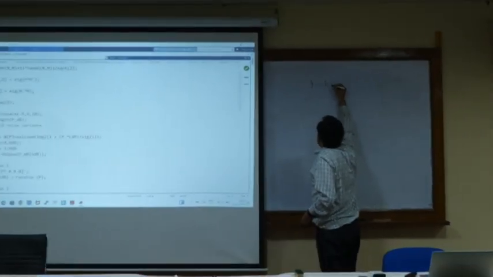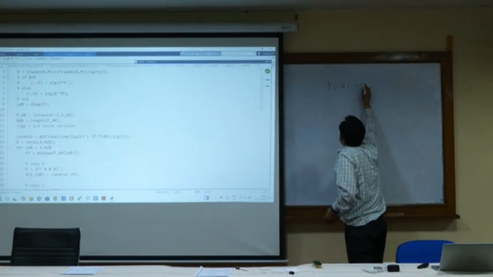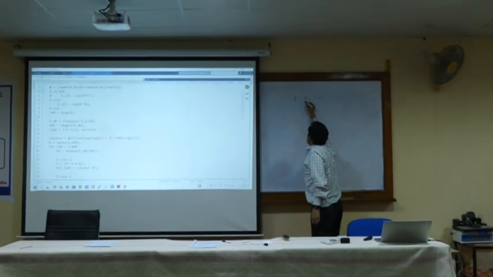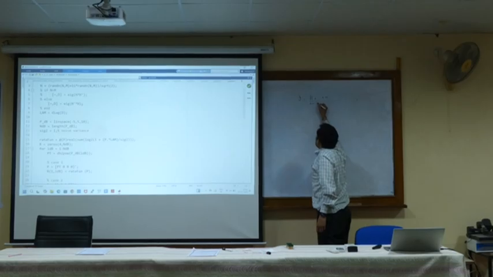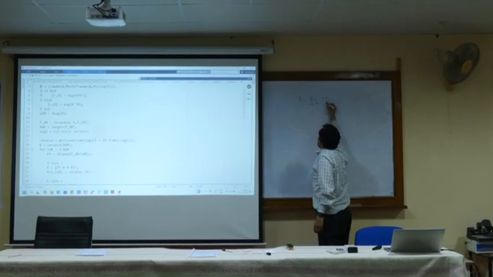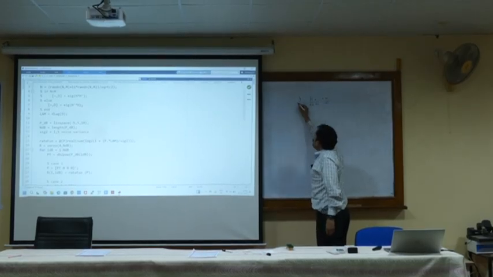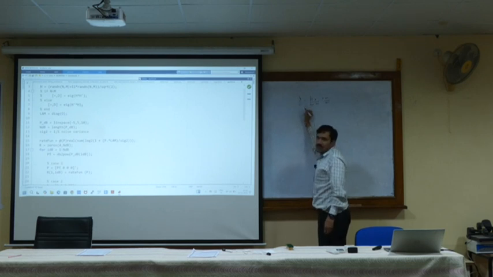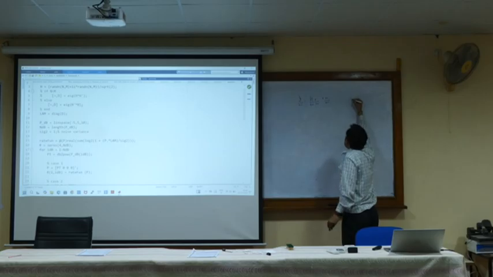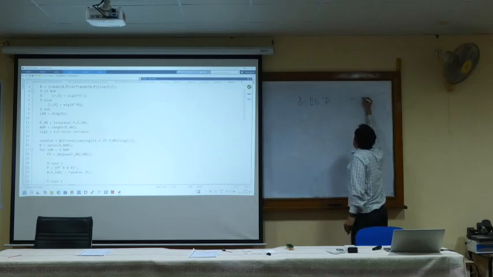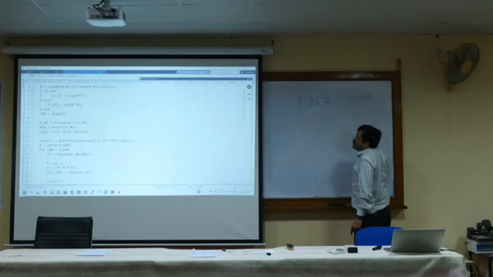So you have y equals Hx plus n, or let's say w. This H is 4 cross 4, and x, y and w are each 4 cross 1. Now I take the SVD, so H is equal to U sigma V Hermitian.